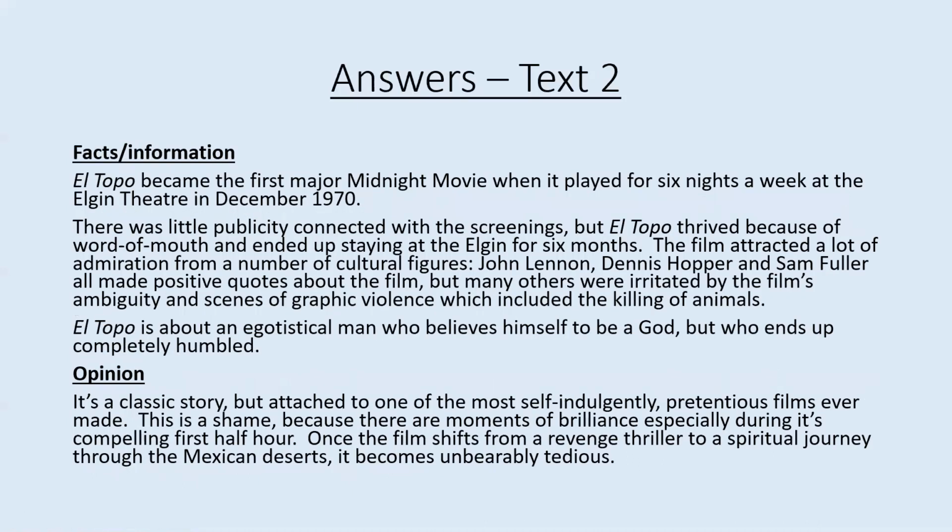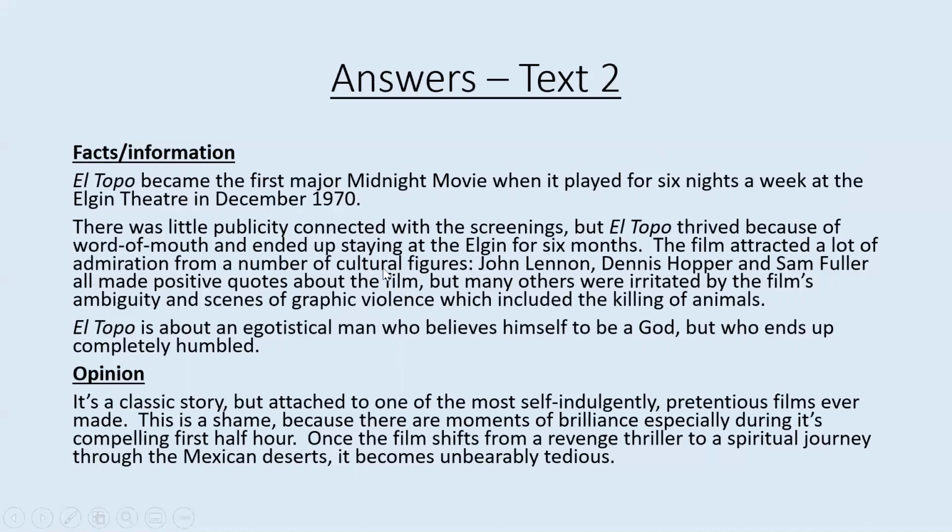With the second text about the film El Topo, this was again one which was more, I think, rooted with facts and information rather than opinion. So the part about it becoming the first major midnight movie would definitely come under facts and information. That the screenings and the popularity of the film was mostly due to word of mouth. It stayed at the Elgin for 6 months.